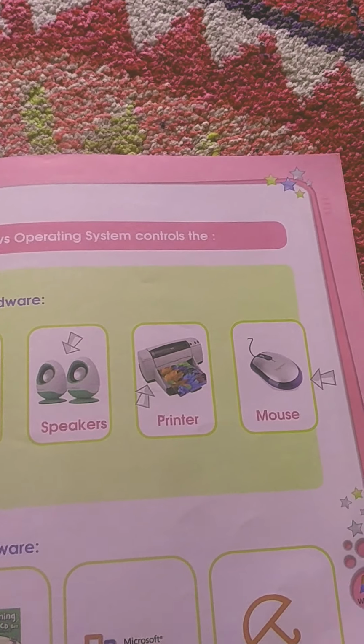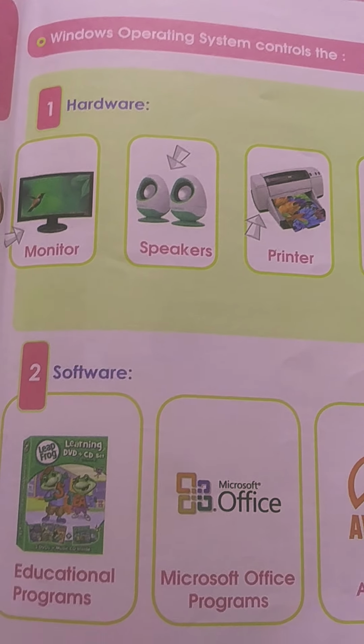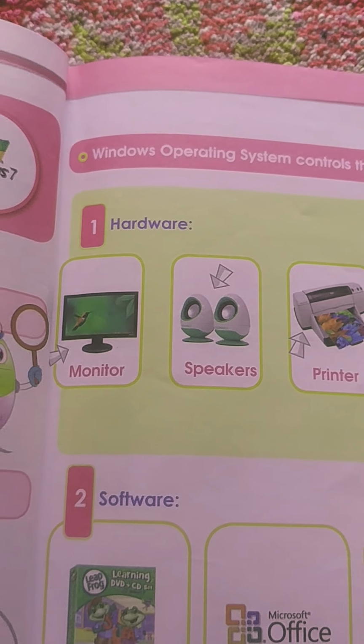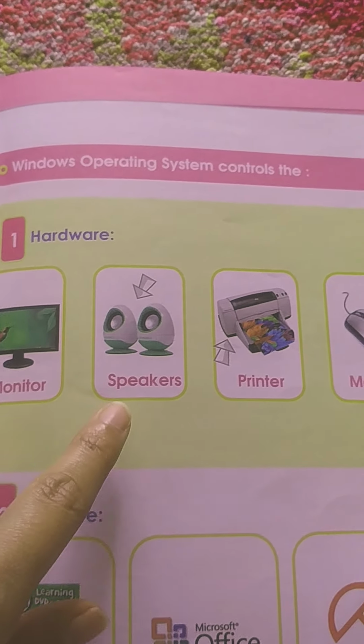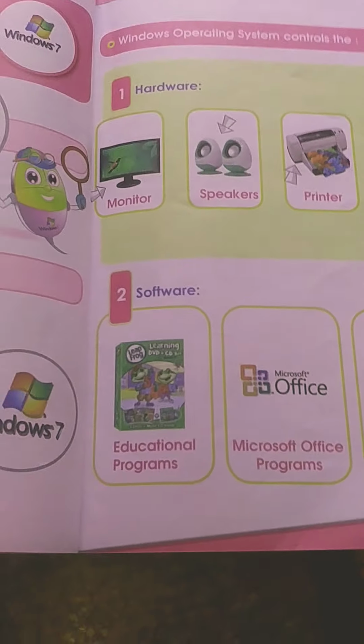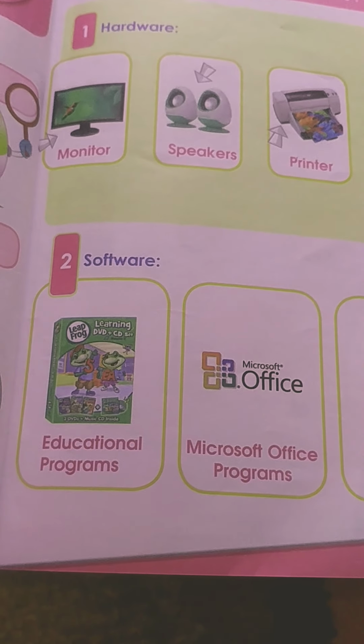The Windows operating system controls the hardware and the software. The hardware is anything that is touchable. You can touch it with your hands: the monitor, speakers, printer, mouse. While the software is the things that you click on using the mouse.